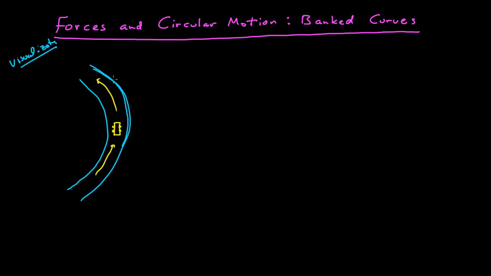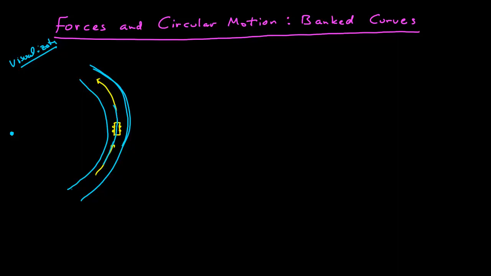The radius of curvature might change as the car goes around, but at any particular part, there's going to be some radius of curvature due to this road. So somewhere out here is the center corresponding to this radius of curvature.